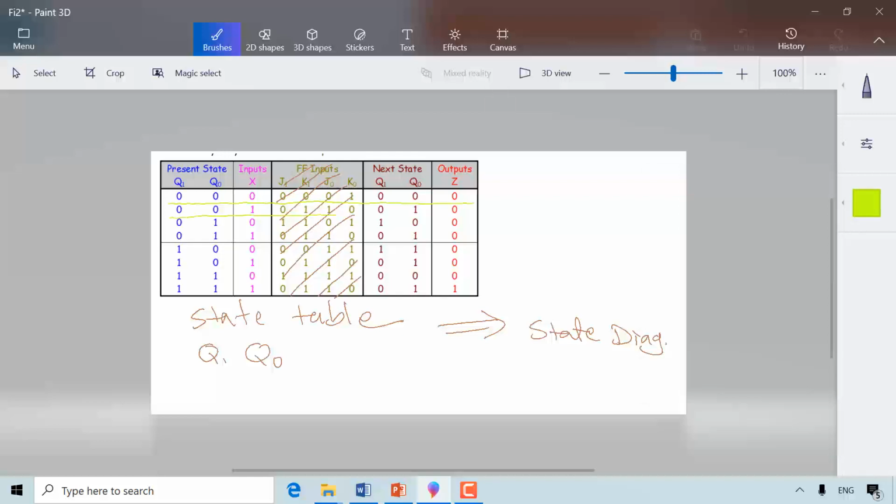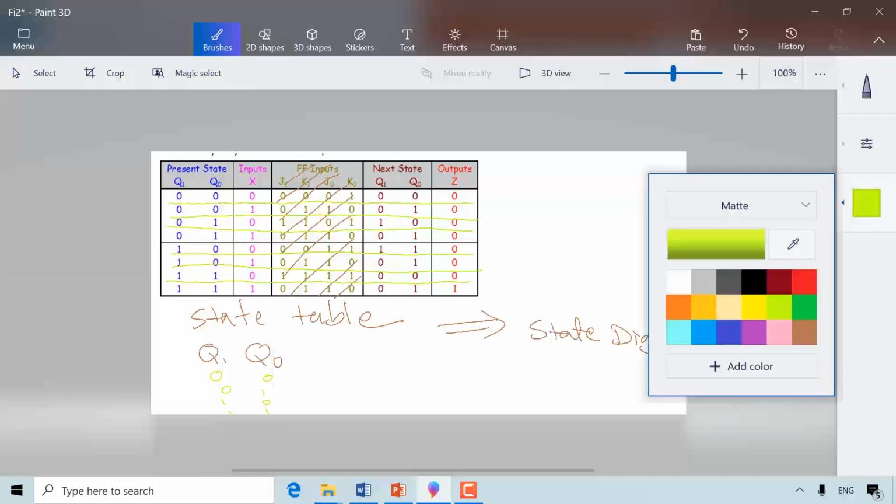Now we can draw our state diagram, nice and clean and easy. Obviously I have two flip-flops, Q1 and Q0, and I have the states 0, 0, 0, 1, 1, 0, and 1, 1. So I will draw those.